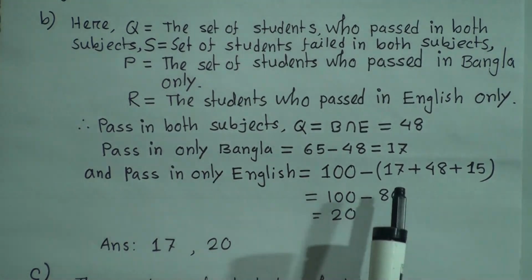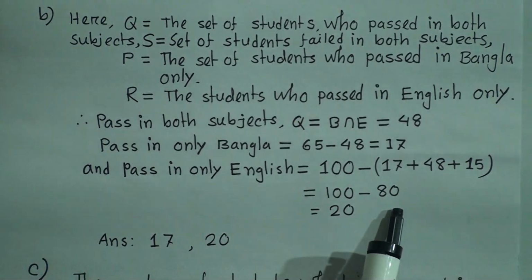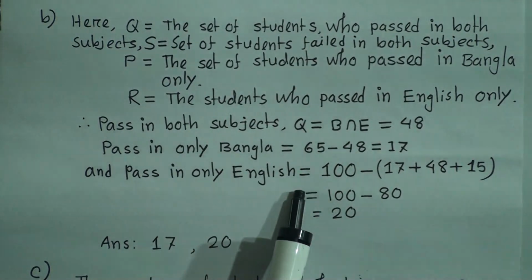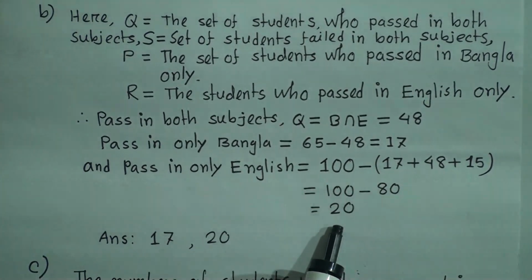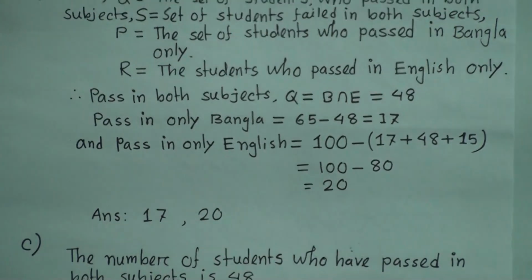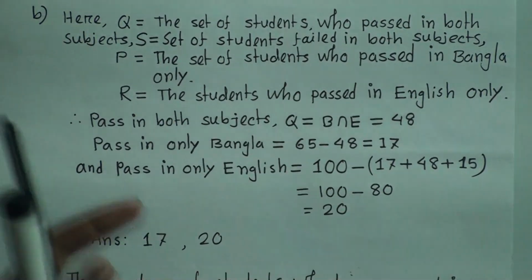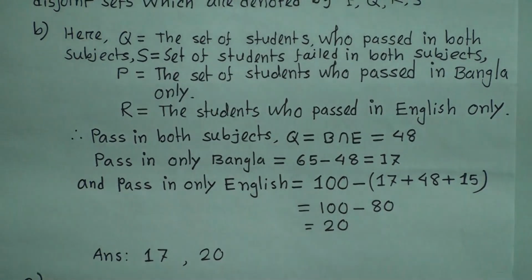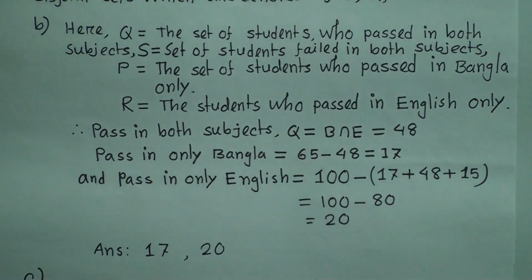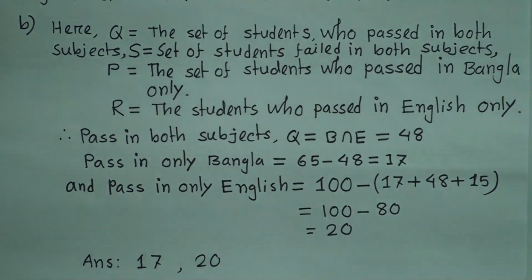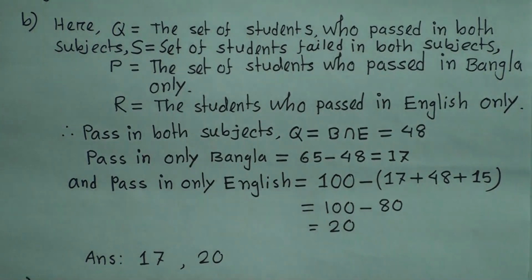So if we add 17, 48, 15, then we get 80. Then 100 minus 80 equals 20. That means pass in only English is 20 students. Okay students, I hope you understood.